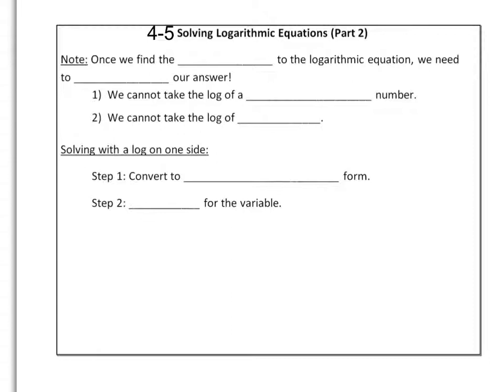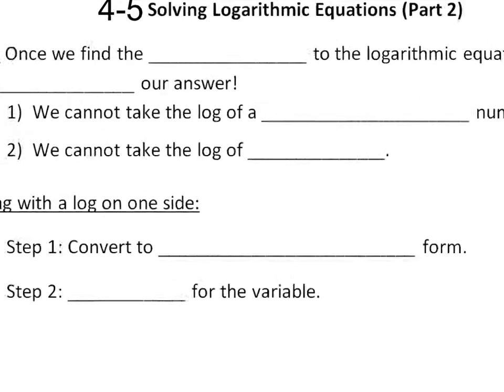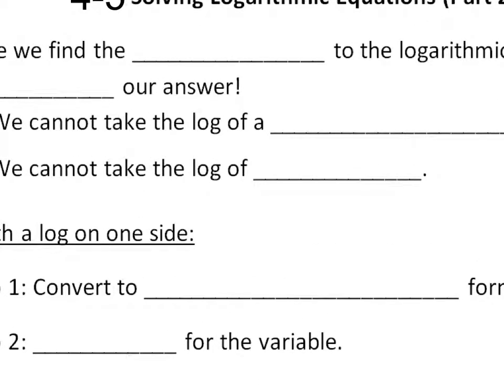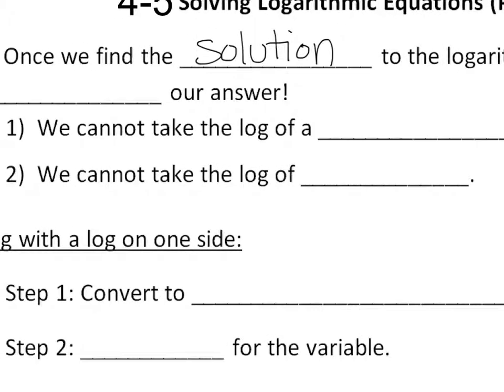Today, the one thing we're going to have to pay special attention to is when we find the solution to the logarithmic equation, we need to check our answers. So yesterday we inserted logs into the equations.